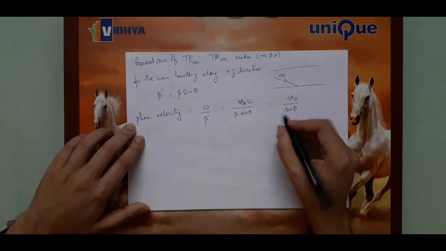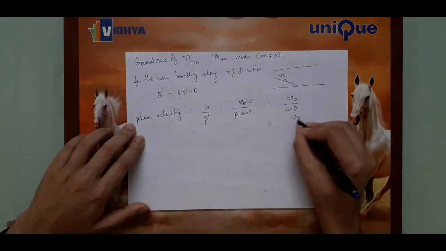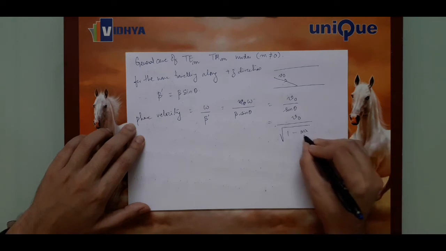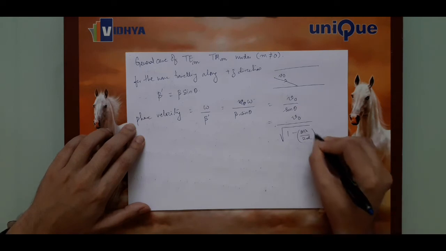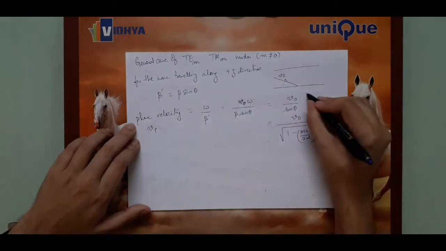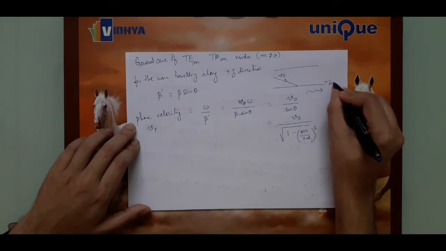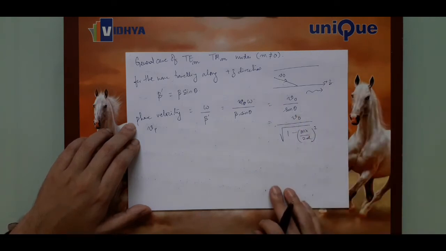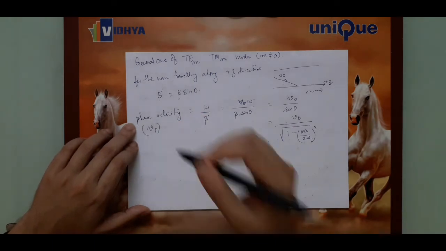And if you want to remove the sine theta, you can simply put v0 divided by square root of 1 minus m lambda by 2d whole square. So the phase velocity Vp of the wave that is traveling along the plus z direction can be more than v0, as is the property of phase velocity.